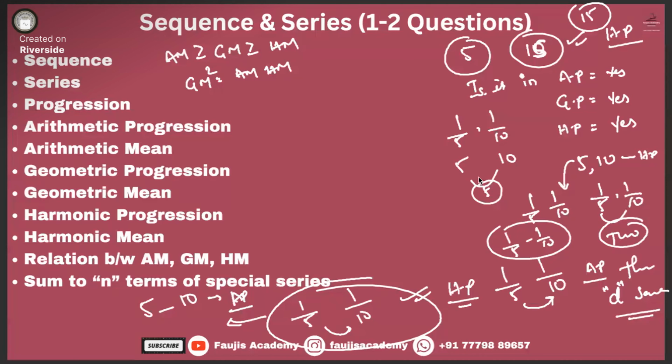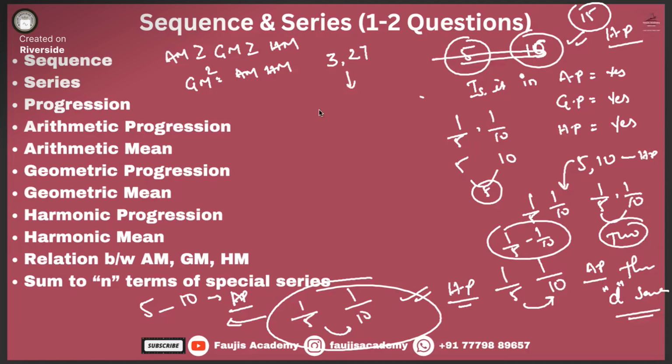Okay, so tell me some good numbers, some perfect square numbers. Let's take the numbers as 27 and 3, so the GM is 9, 81 being the square.